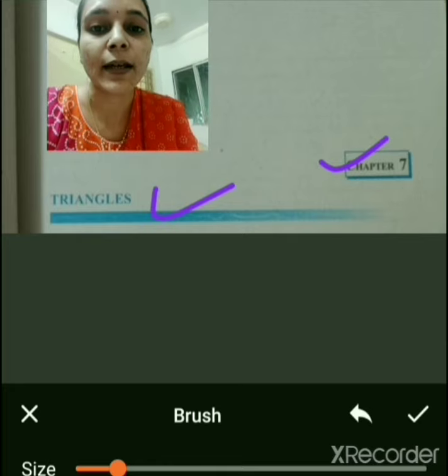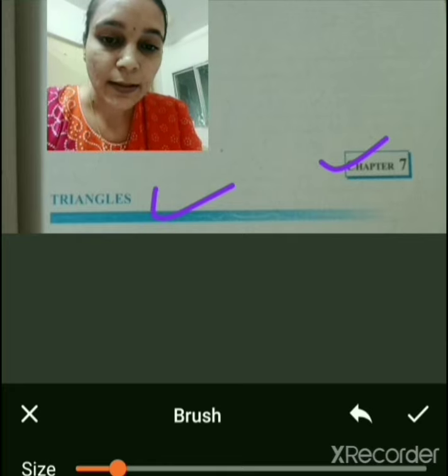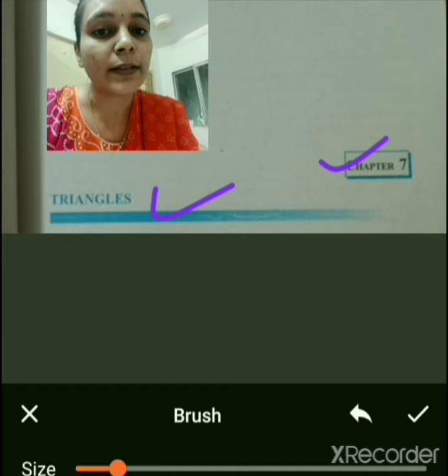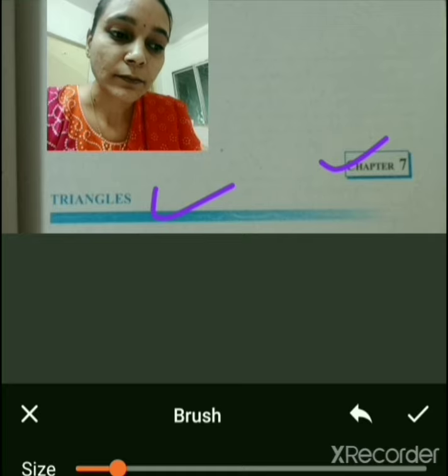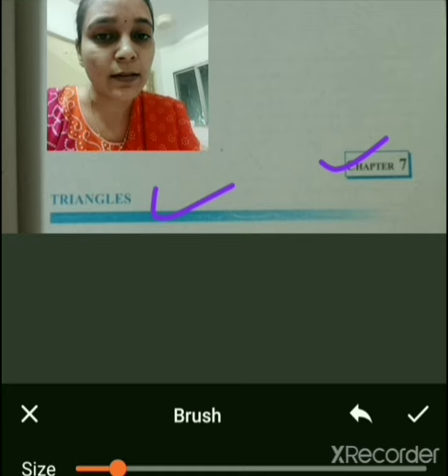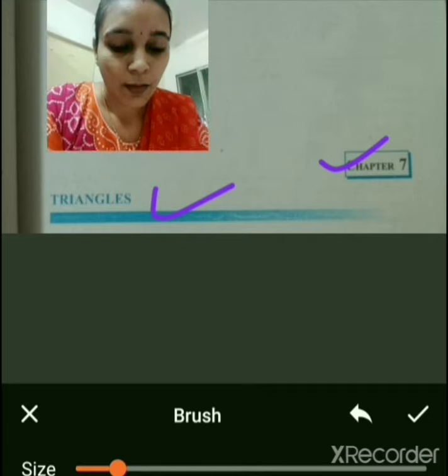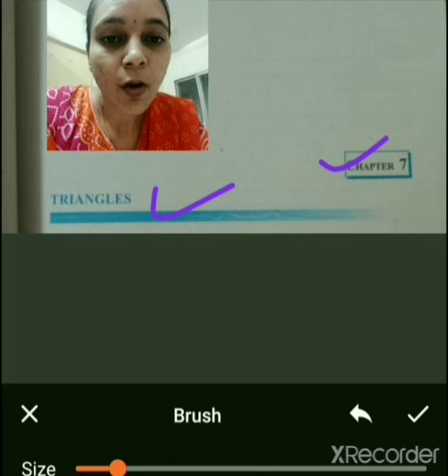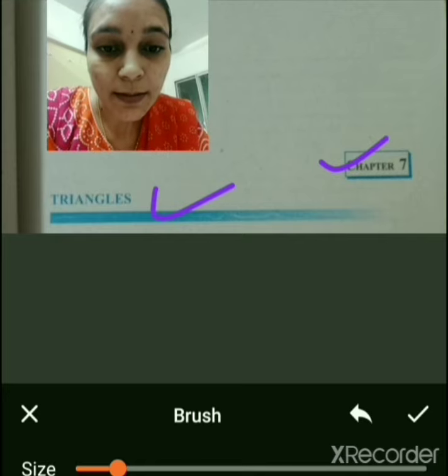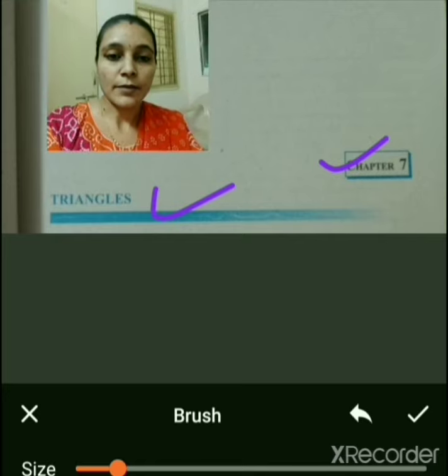A triangle having one angle of 90 degrees is called a right angle triangle. A triangle having one obtuse angle is the obtuse angle triangle.